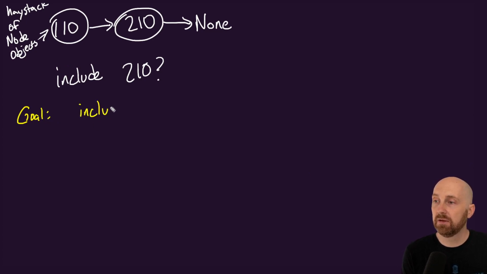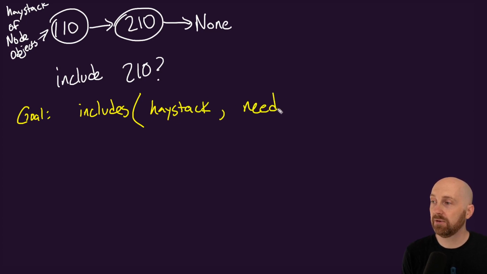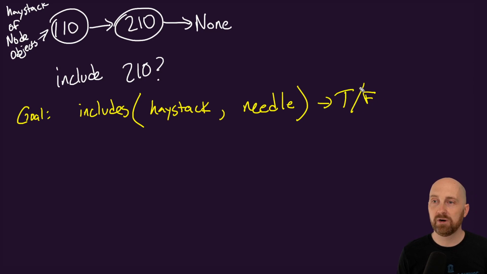Includes is going to be the name of our function, and we're going to have two parameters, right? A haystack, that's what we're searching through. That's going to be our list of nodes, and a needle, right? So we're looking for a needle in a haystack, and this should return a Boolean, right? True, false. And what we're writing out here is very much just pseudocode, thinking about this problem in a very abstract, hand-wavy sense, all right?